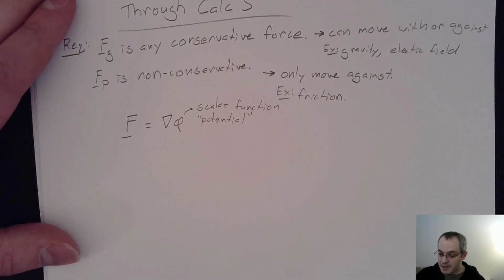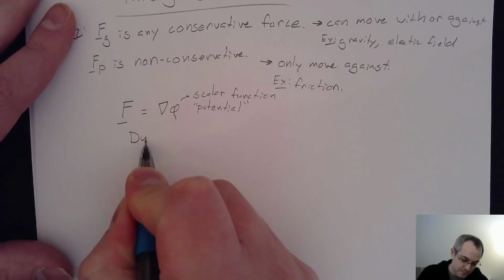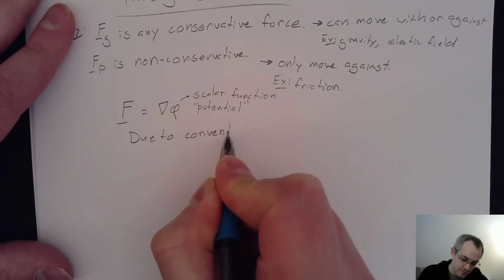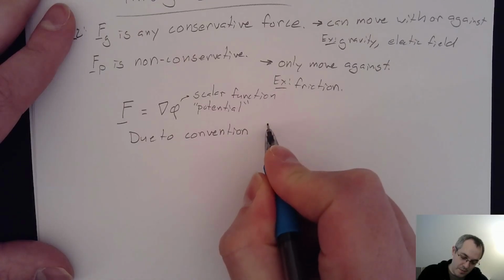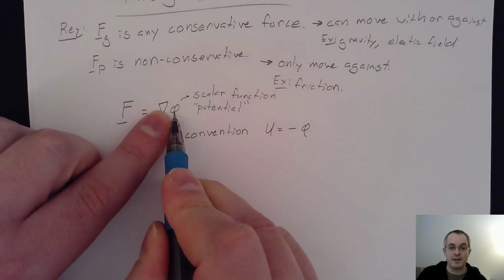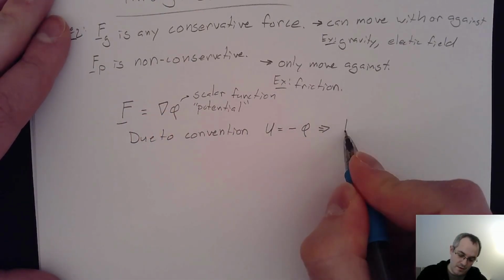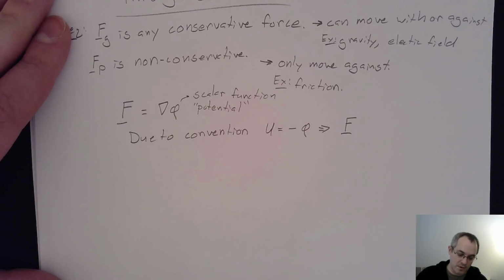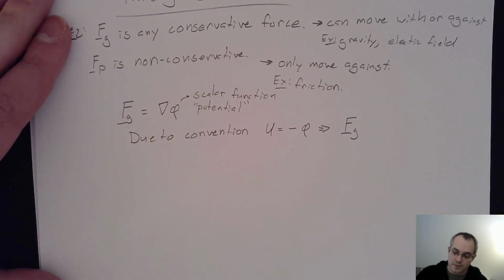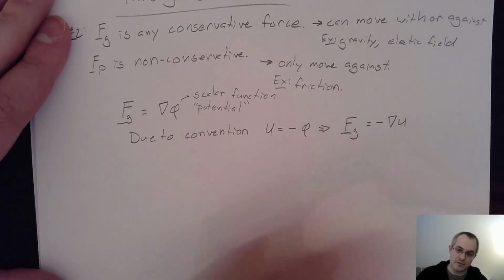Now maybe you can sense where I'm going with this. Due to convention, the potential energy is equal to the negative of that scalar function. Therefore, the conservative force, so I might write this as having the little g on there. Therefore, the conservative force is equal to the negative gradient of potential energy.